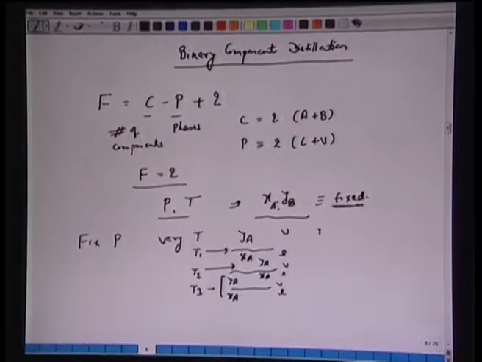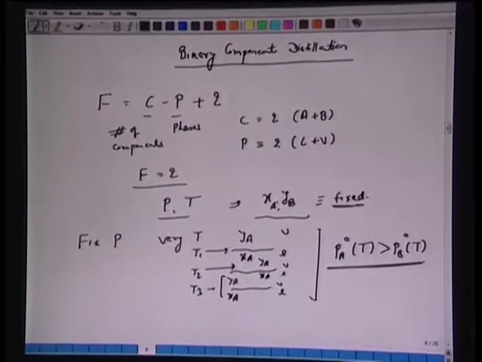Here the requirement is that the vapor pressure of A at any temperature should be larger than the other component. So, this is the bottom line for the distillation.